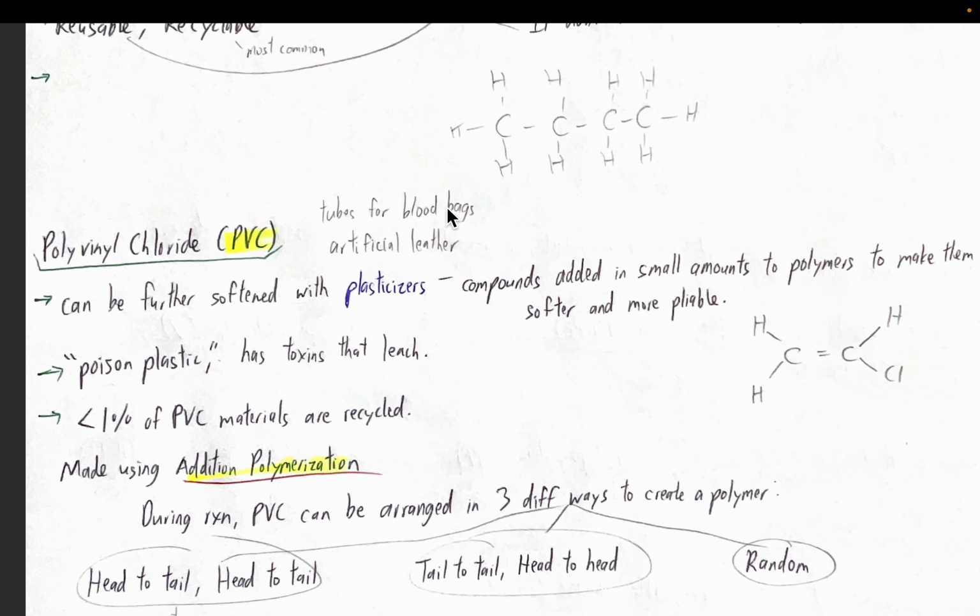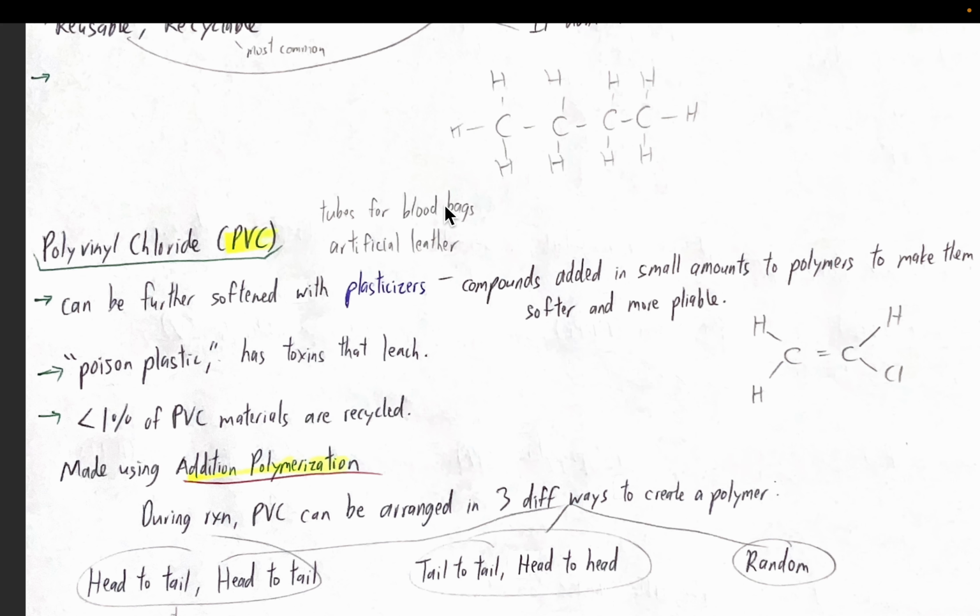So let's say you want to transfer blood from the bag to, in the scenario where someone is donating blood, the tubes are made out of polyvinyl chloride. So the blood gets transferred through this tube to the blood bags.